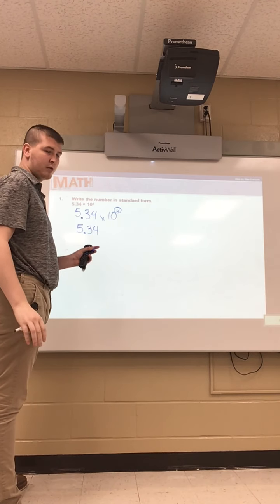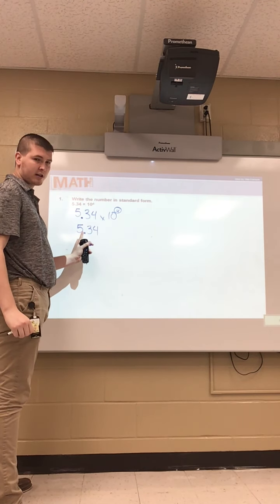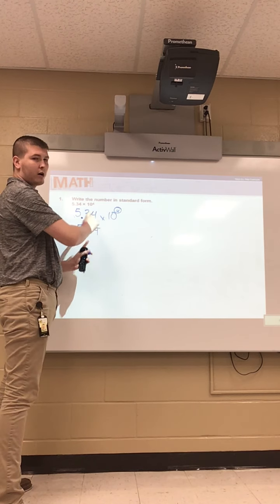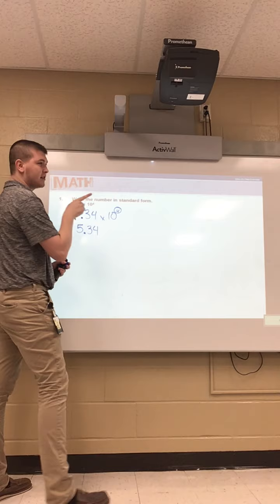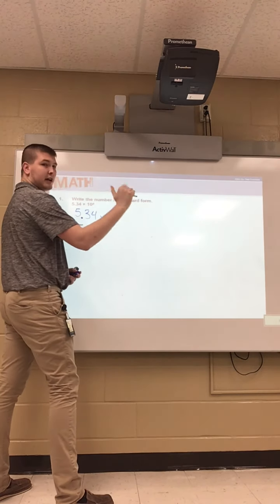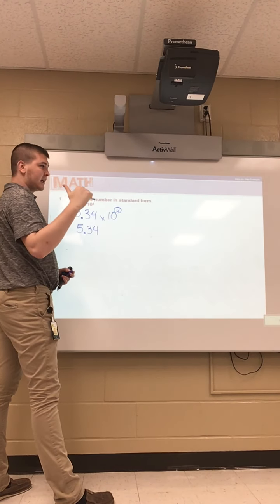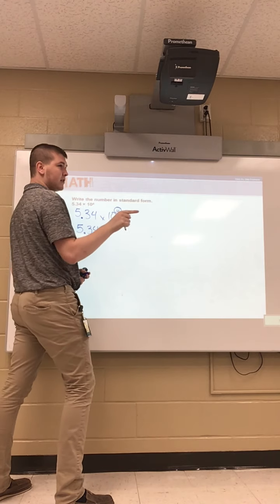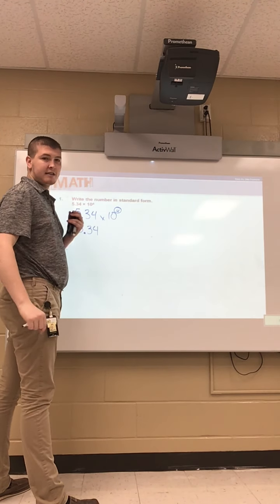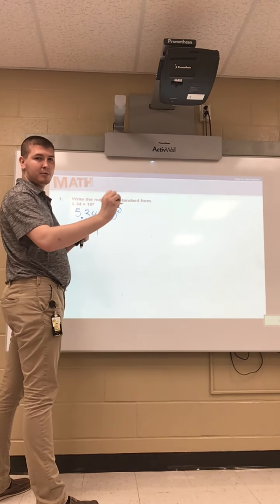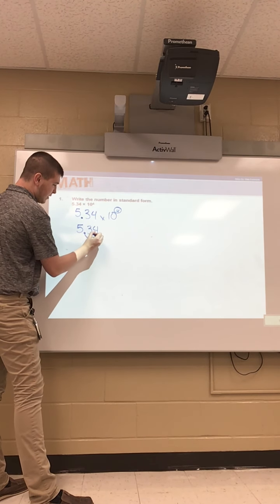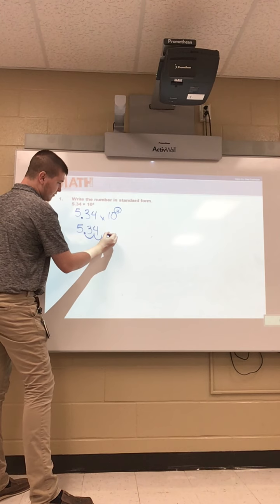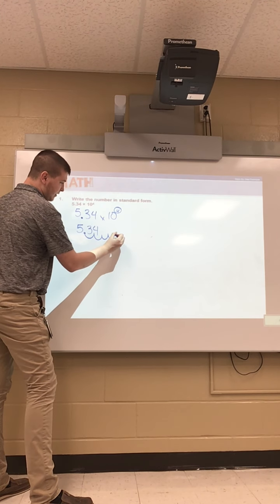All you have to do, here's where the decimal is, check the exponent, 4. If it is positive, remember I told you like the number line, positives are that way, negatives are to the left, positive to the right. If it's positive, that's how many times you're going to move that decimal to the right. So 5.34, we move it once, twice, 3 times, 4 times, and rewrite it.